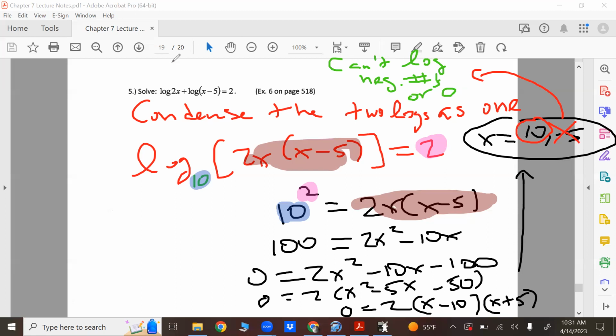If you have log of negative 10, that's weird because that's base 10. So 10 to some power equals negative 10? No way, that can't happen. You can't multiply 10 over and over again and make it negative, because 10's positive. So negative 5 gets discarded, but 10 is okay. 10 will work.